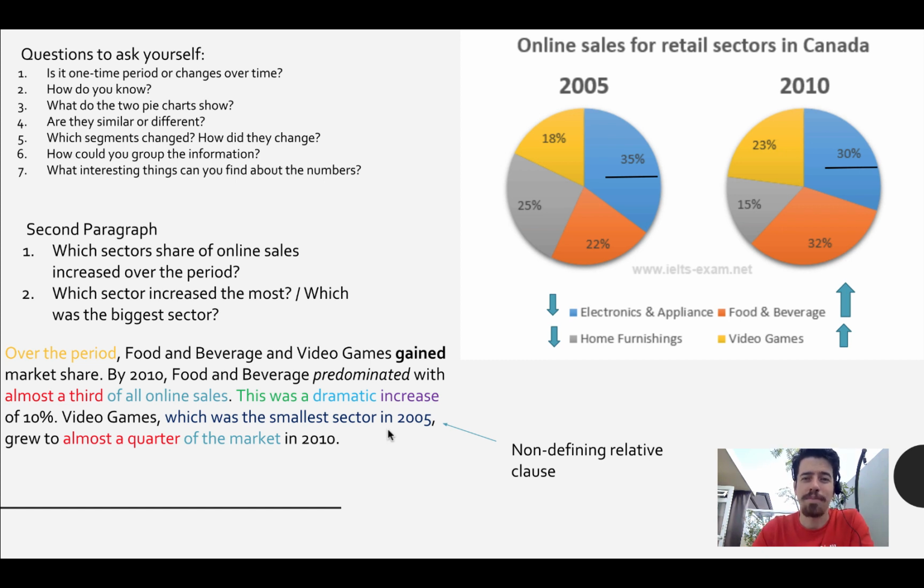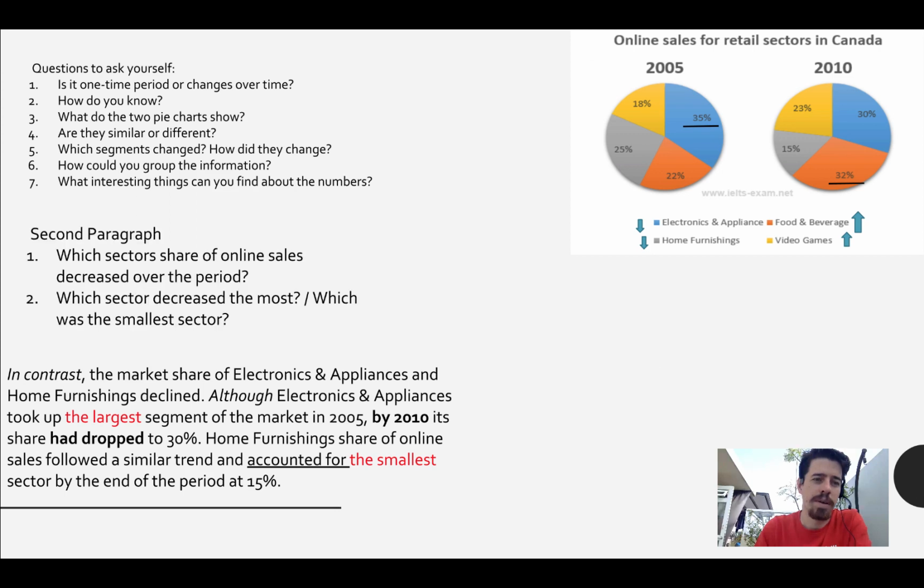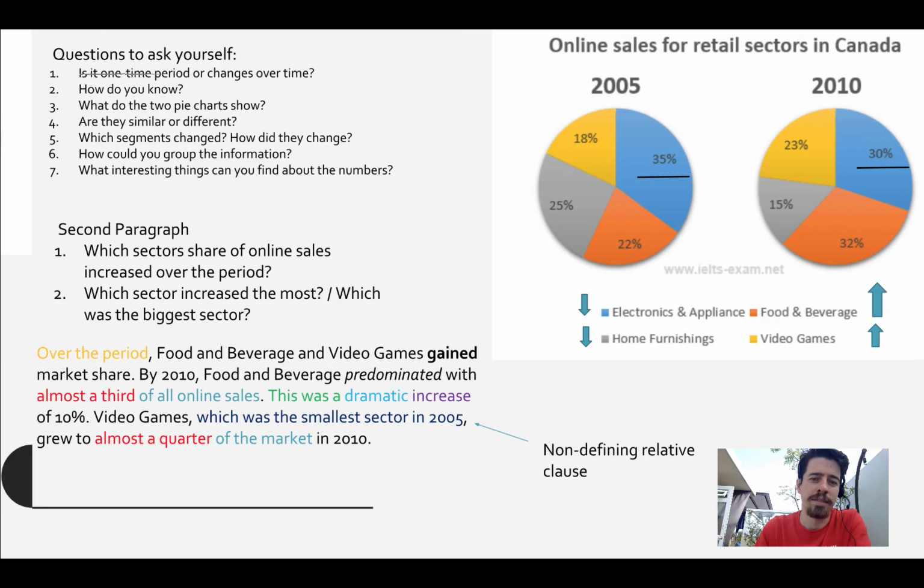Okay, so after the second paragraph, can you guess what comes next? Of course, it's the third paragraph. What will go in the third paragraph? Logically, this is about sectors which grew. The third paragraph will be about sectors which were in decline.